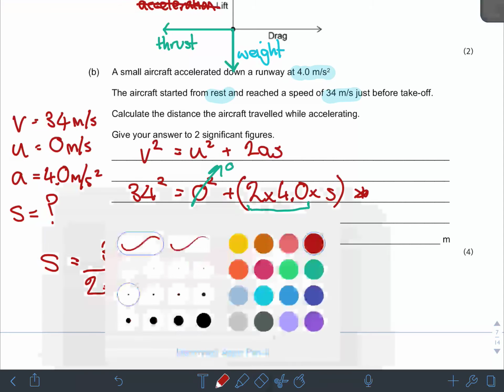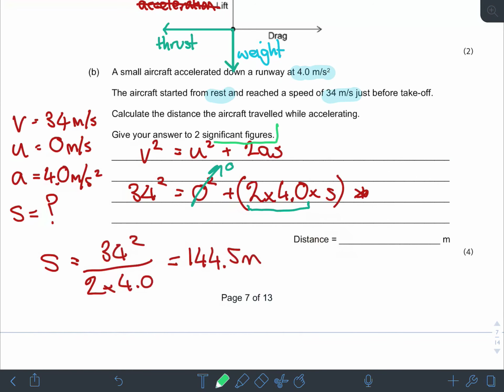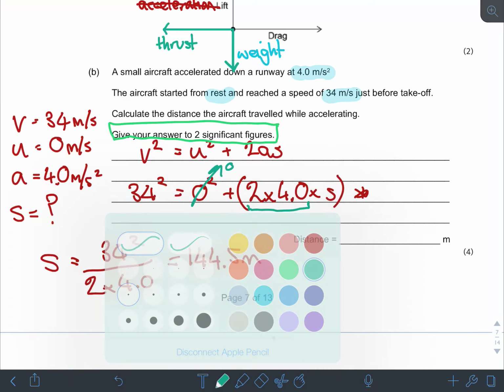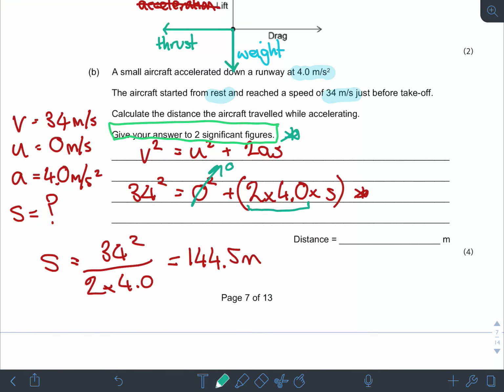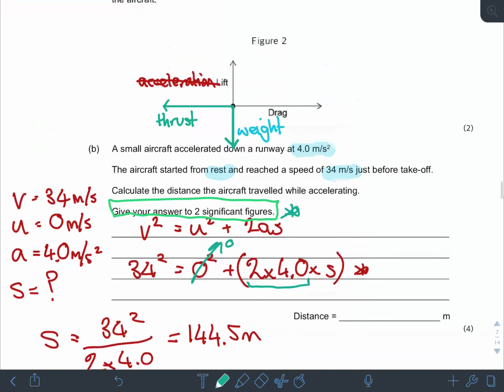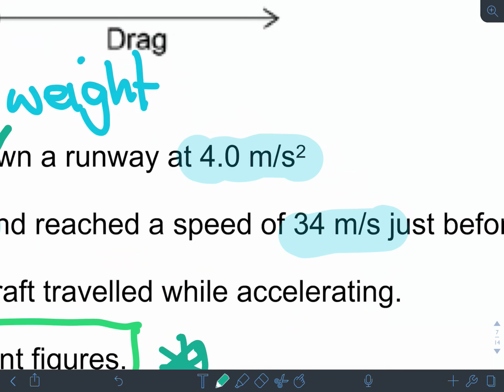Final mark is give your answer to 2 significant figures. Now, guys, this is a gift. This statement here is an absolute gift, because if you see that in an exam, what it means is there is an answer just for the significant figures. Yeah. So looking at the question, how many significant figures have they given us? Well, that's 2.